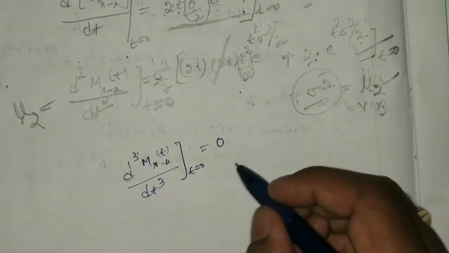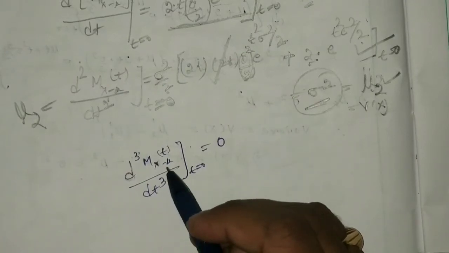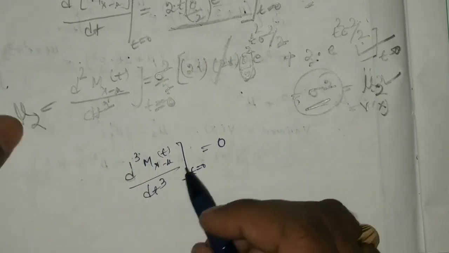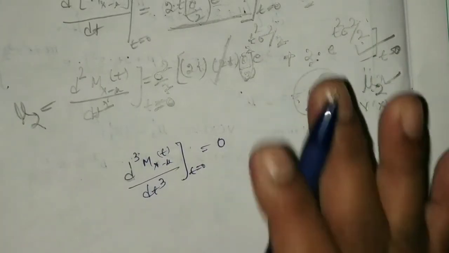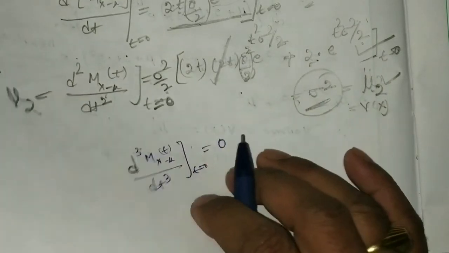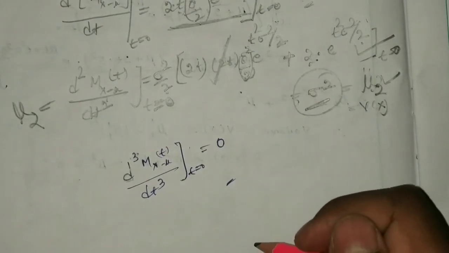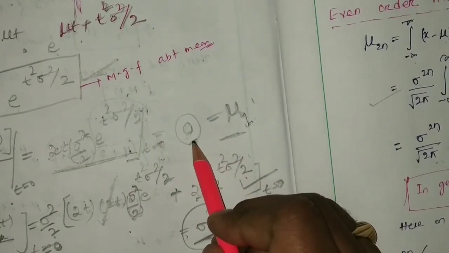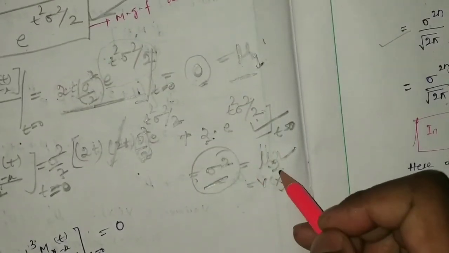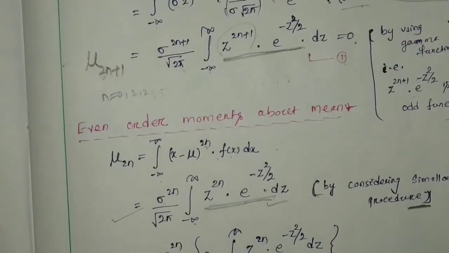And the fourth derivative with respect to t, if we consider it for the MGF, moment generating function about the mean, then you are going to get the value. You just try it in your rough work and you can find it. So here we confirm that the odd order moments about the mean will be 0, and for even order we can get the answer. In general, this way we have derived these things.